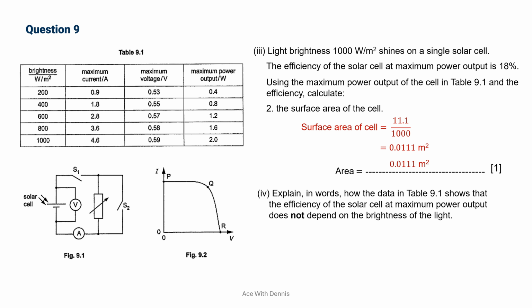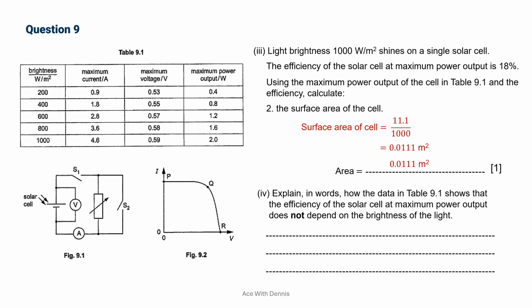Then part 4, explain in words how the data in table 9.1 shows that the efficiency of the solar cell at maximum power output does not depend on the brightness of the light. This question is 1 mark. In table 9.1 we can observe that the maximum power output is proportional to the brightness. As the brightness increases, the maximum power output also increases.